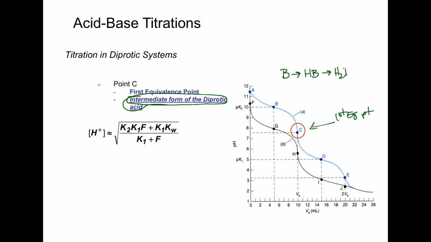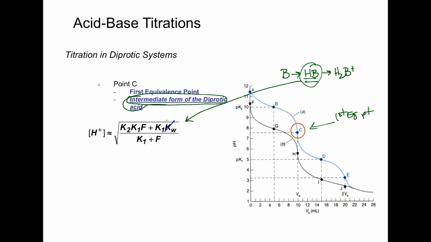We're halfway there. When we were trying to find the pH for the intermediate form, we talked about this equation right here, where we further made some assumptions from that point.